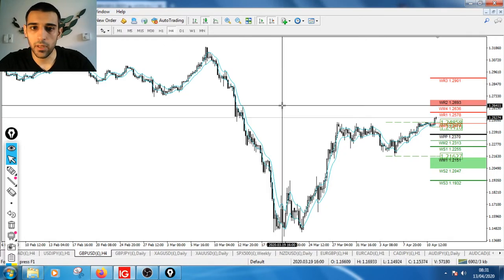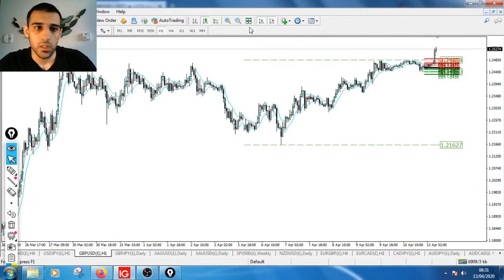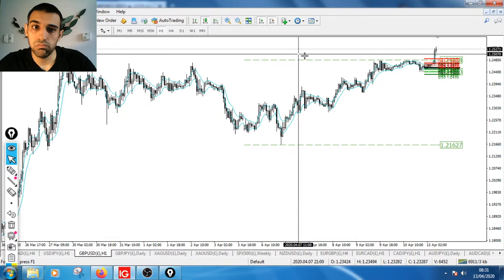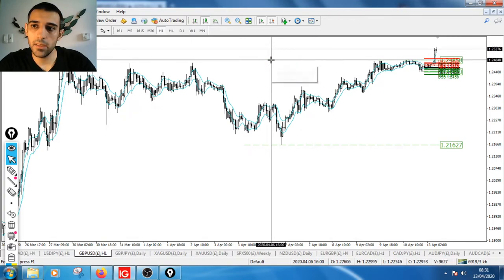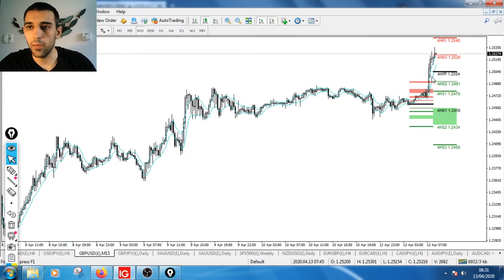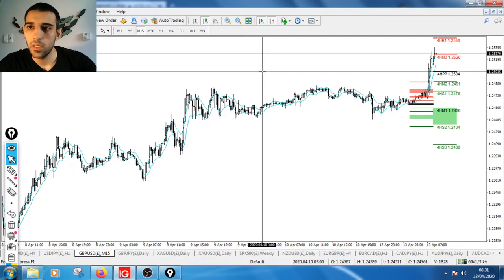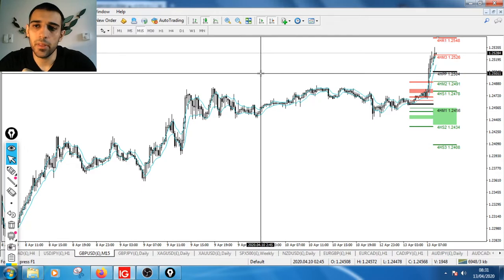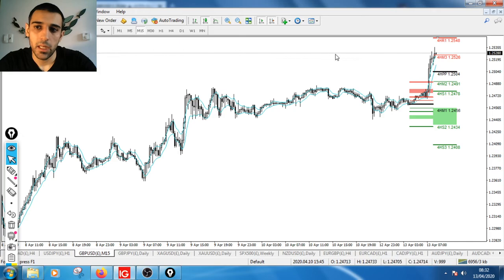So 125.90, I did say that we have this weekly pivot here. So for the entry, for the higher time frames, this is the entry I see, but that's too far, it's way too far. Okay, we have this 4-hour pivot, so that looks better, 125.03. So we've got about 30 pips from the current price to the pivot price.